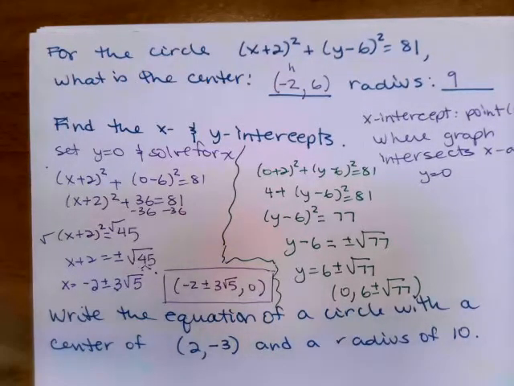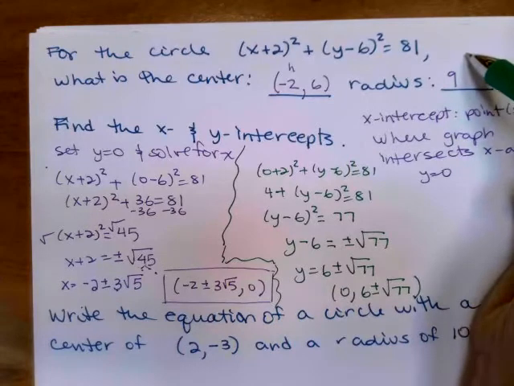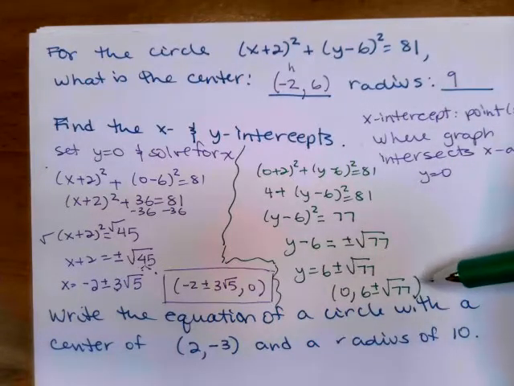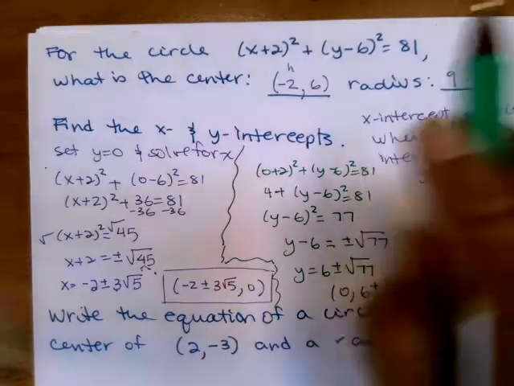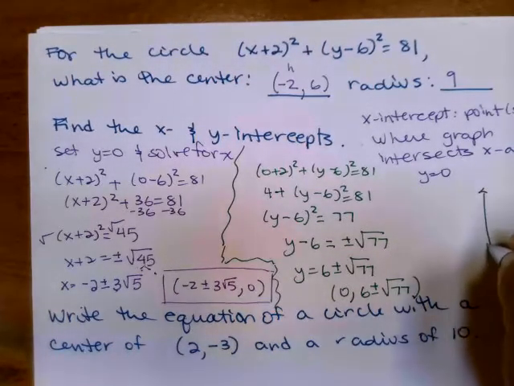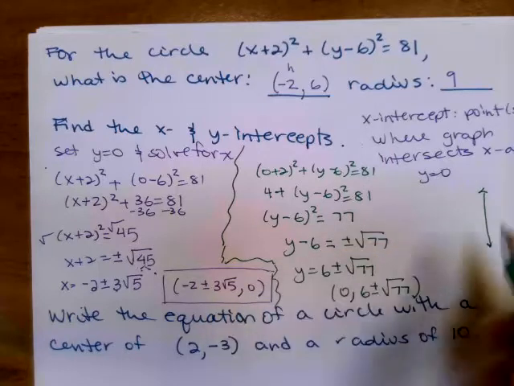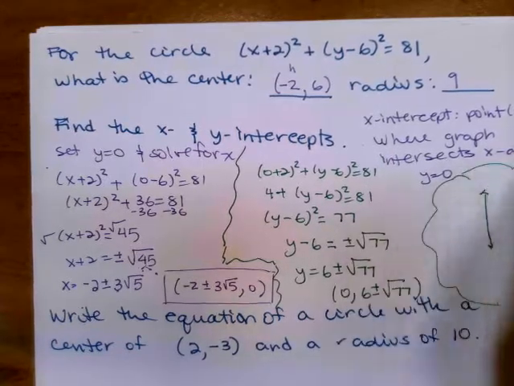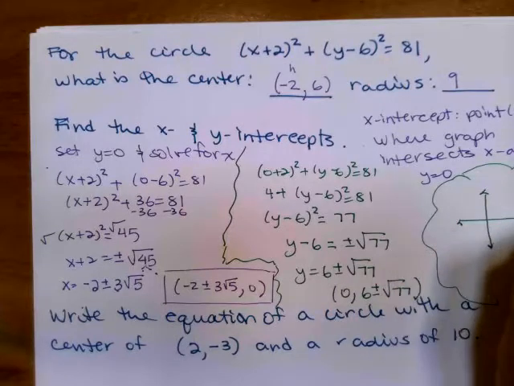So this circle that we started with did have two x-intercepts and two y-intercepts. You could draw a circle that had no intercepts. This is not the circle, just a counter example, showing that not all circles have to have intercepts.